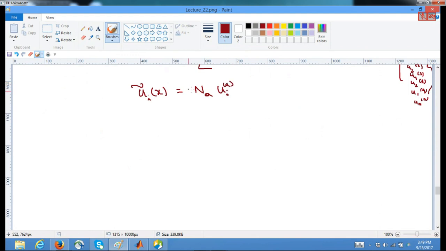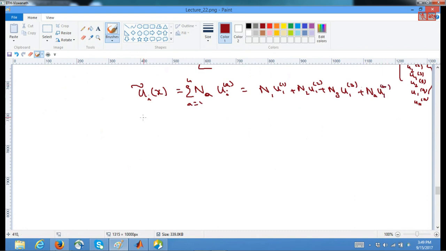So the summation is over A, and A runs from 1 to 4. So that is nothing but n1 u1 plus n2 first component for that node, n3 the x direction for the third one, and n4 u1.